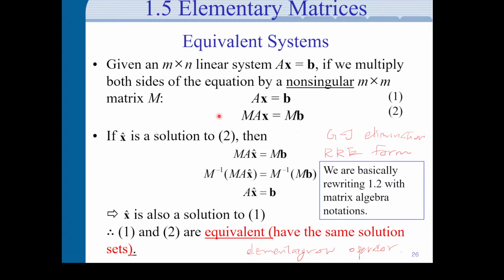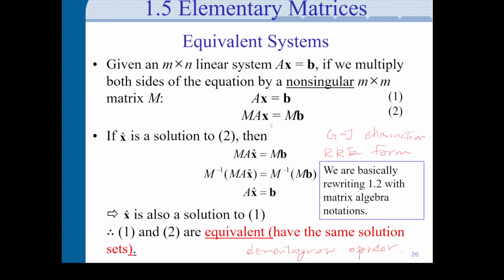That should be pretty intuitive, because if A x equals B, then multiplying both sides by some matrix M will also give us MB. So a solution to 1 is a solution to 2, which is pretty clear.